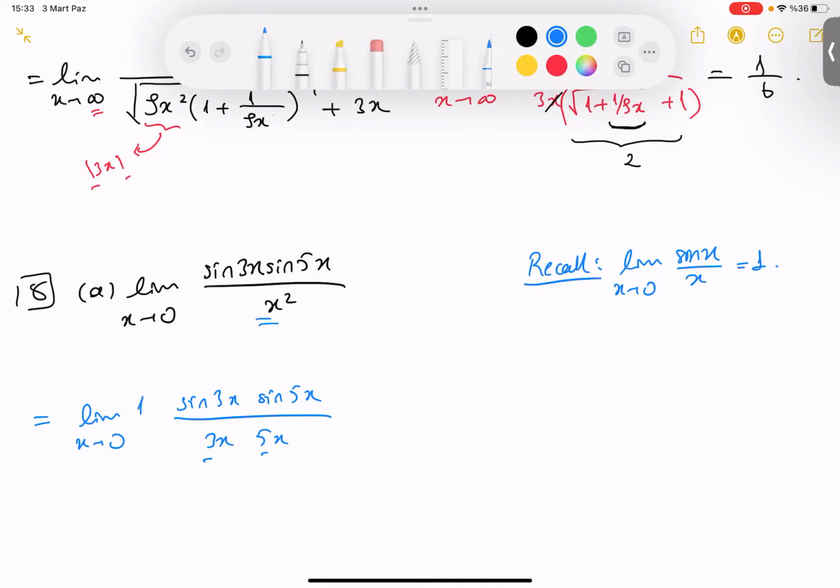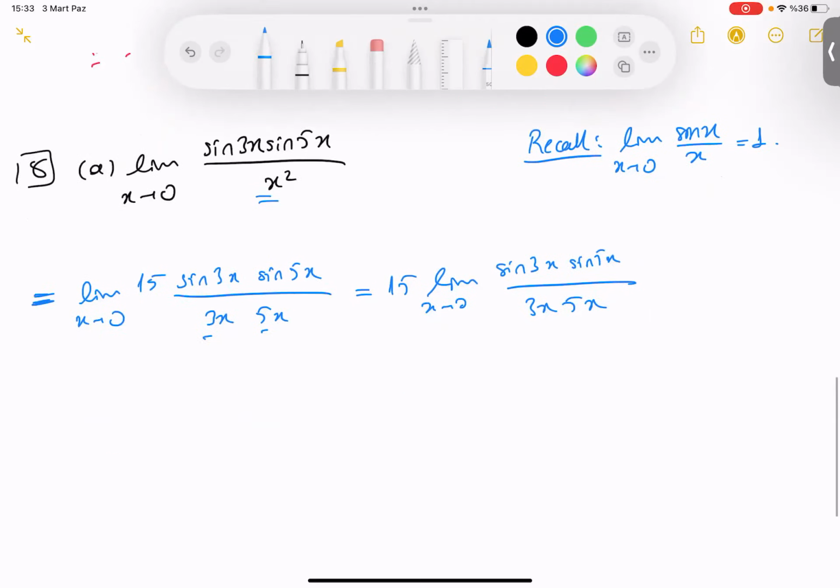You have 15 here, but you don't have it there. So you need to multiply this function by 15 to get rid of that 15 in the denominator, so you will have equality. Now you can write this 15 outside of the limits. So you have limit of sin 3x times sin 5x over 3x times 5x.